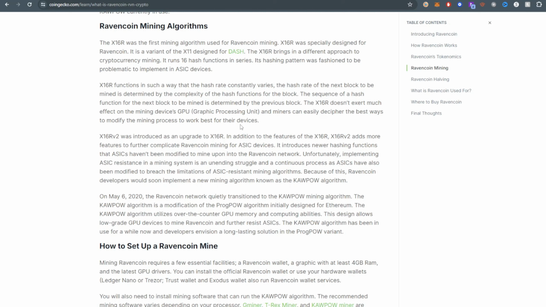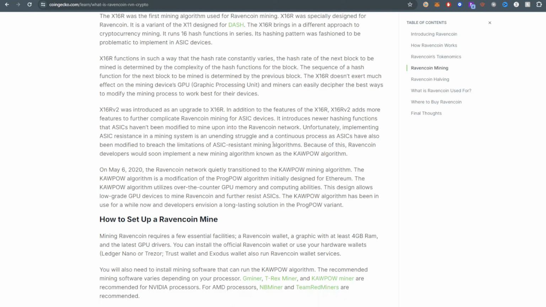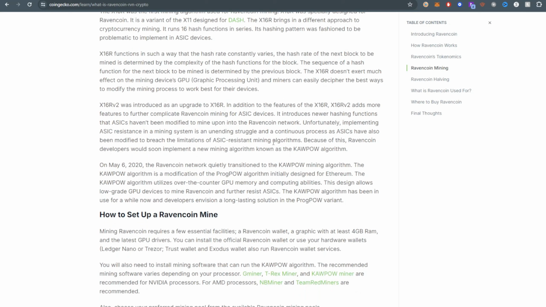So, essentially what this is saying, I believe, is there are 16 different parts that they plug into this algorithm, and what part gets used next depends on the previous hash function. By doing this, they essentially randomize it, which makes it a lot harder to design ASIC devices, as we'll read in this next paragraph.